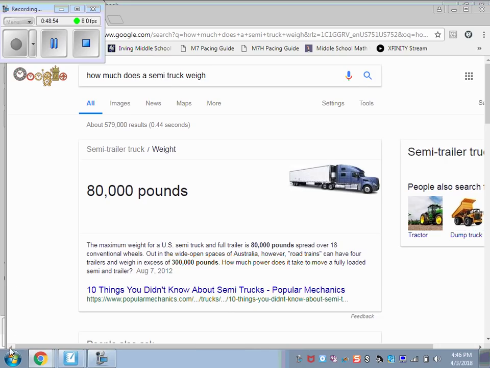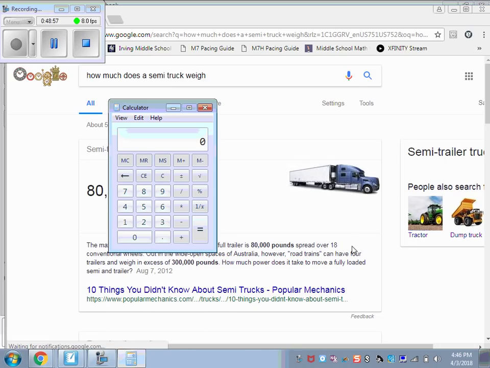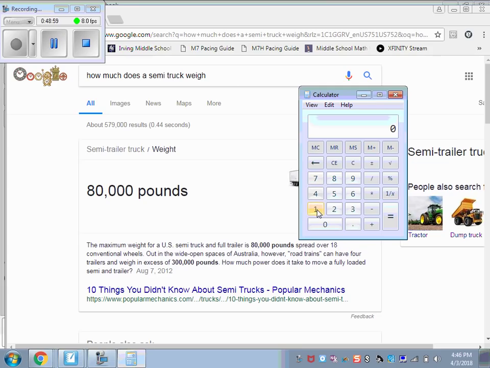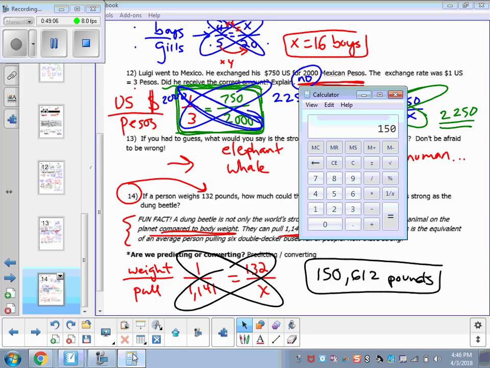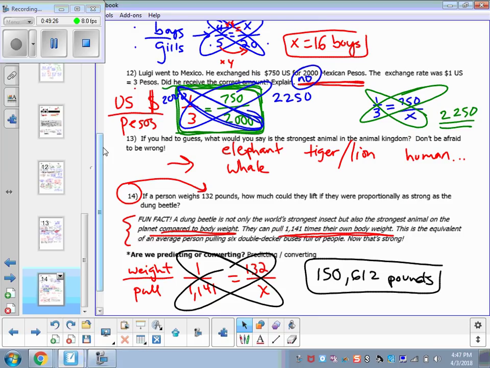So then, if a person can be as strong as a dung beetle, I'm going to take that answer we just got, which was 150,612, and figure out how many trucks that would be. That'd be like you being able to lift up on your own or pull behind your back almost 2 semi-trucks from the highway. That is incredibly strong.